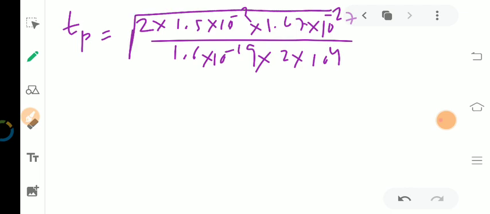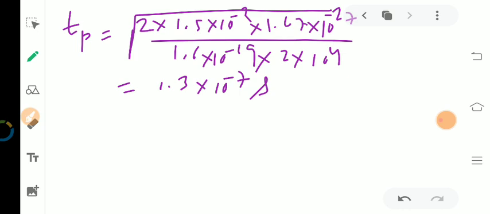When you solve this, the time taken for the proton comes to 1.3 into 10 to the power minus 7 second.